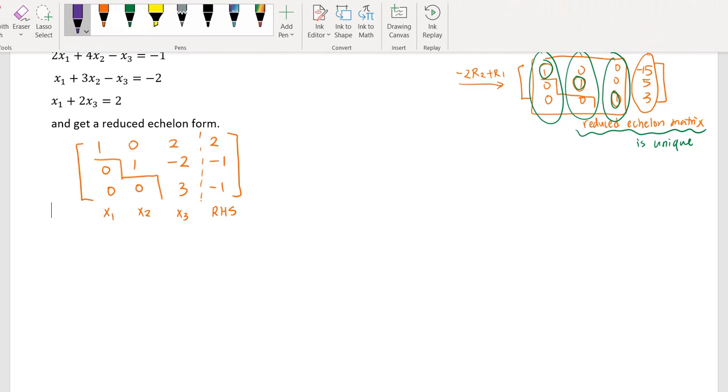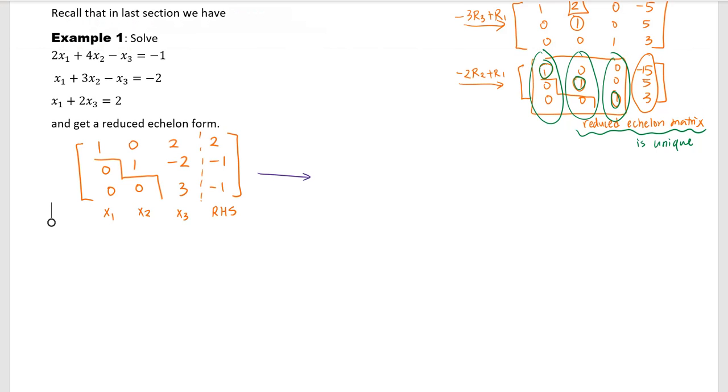All right, so what do we do now? We want to make this entry 1. We can do 1/3 of row 3.